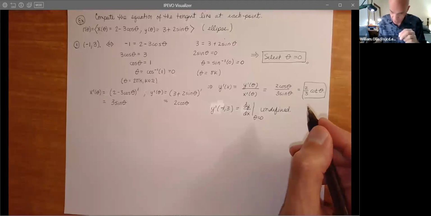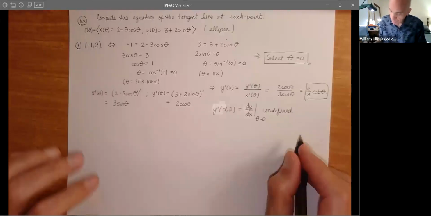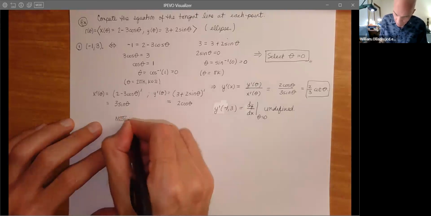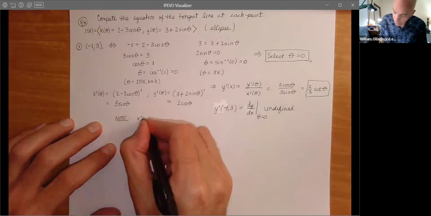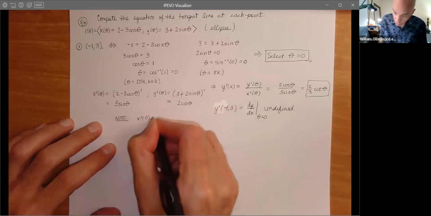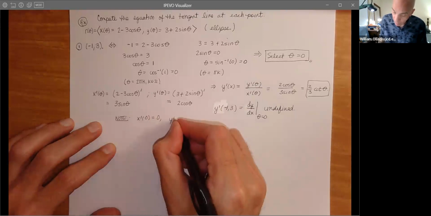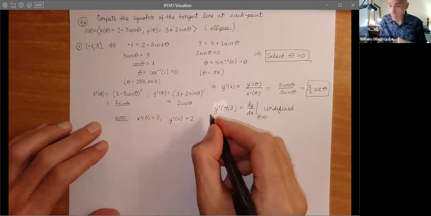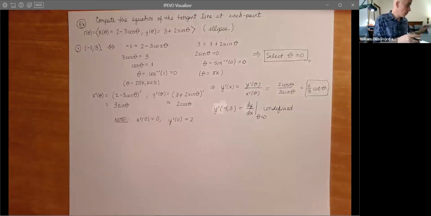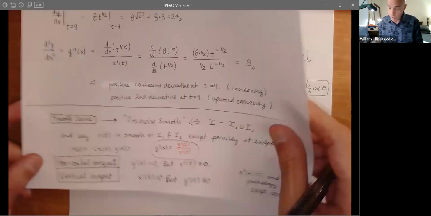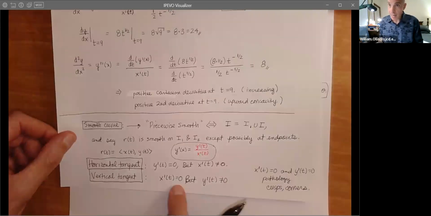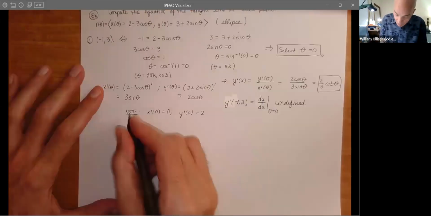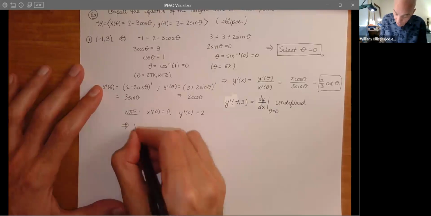But here's what's interesting. Note x prime of 0 equals 0, but y prime of 0 equals 2, which is not 0. So like we said before, when we do the vertical tangents, we need this, and that's exactly what we have. So this implies a vertical tangent.